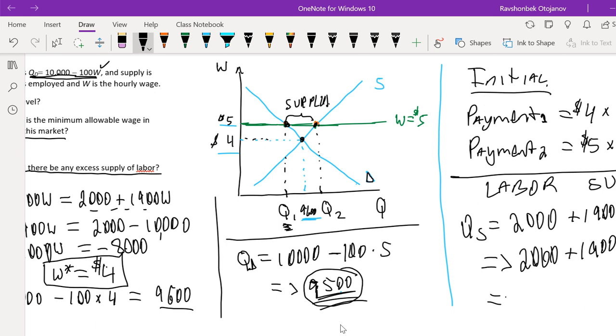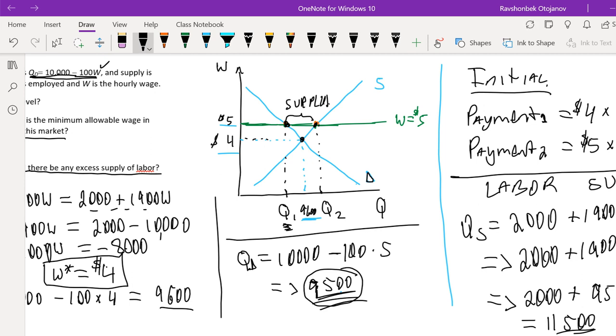Now this will give me 2,000 plus 9,500, that is 11,500. That's the labor supply when the wage is $5.